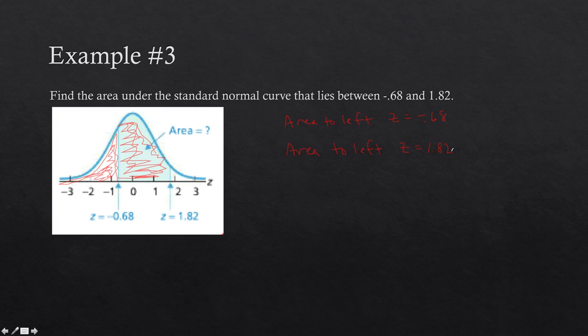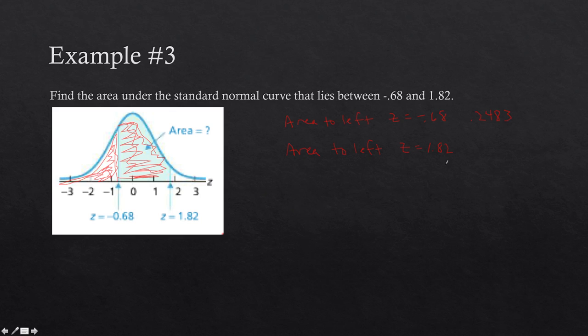Now, why is that important? Well, it's kind of like working backwards. You're having to subtract these two areas that you find here to find the middle. Okay, so if you were to go in here and find these areas, the area to the left of negative 0.68 would be 0.2483.